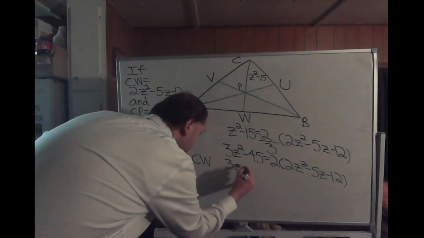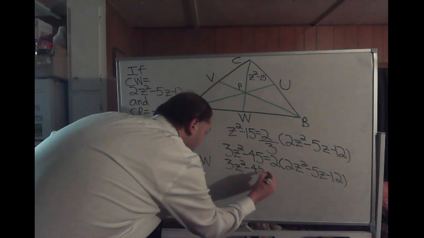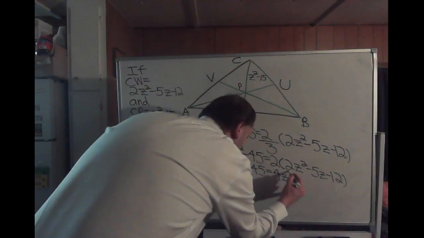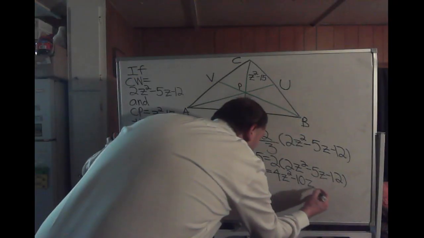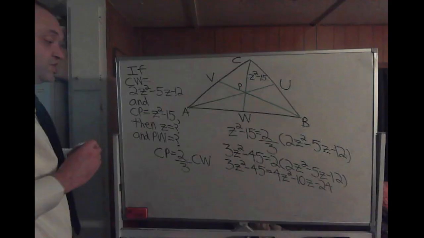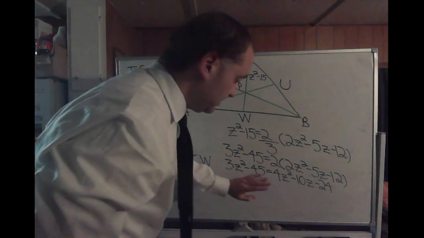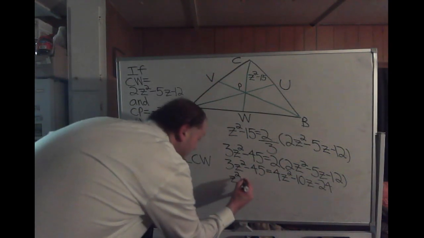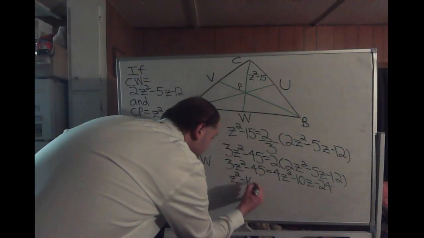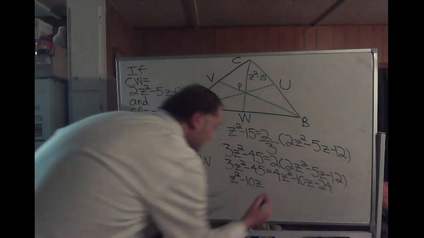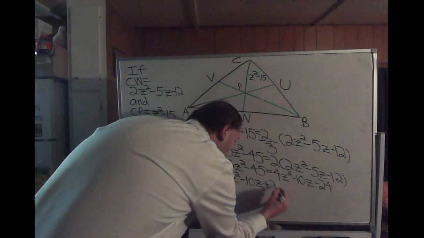You'll end up getting 3z squared minus 45 is equal to 4z squared minus 10z minus 24. Now, let's make the left side equal to 0 and everything on the right. That's going to give you z squared minus 10z, and then if you add 45 minus 24 is 21, plus 21.